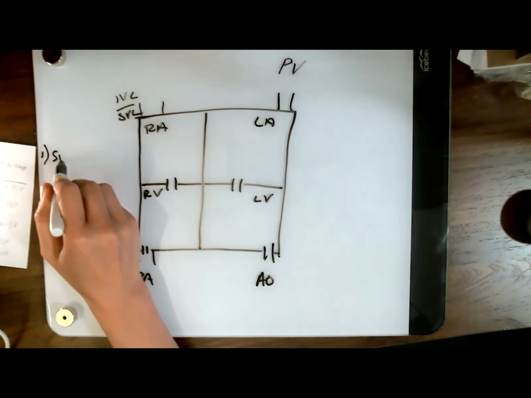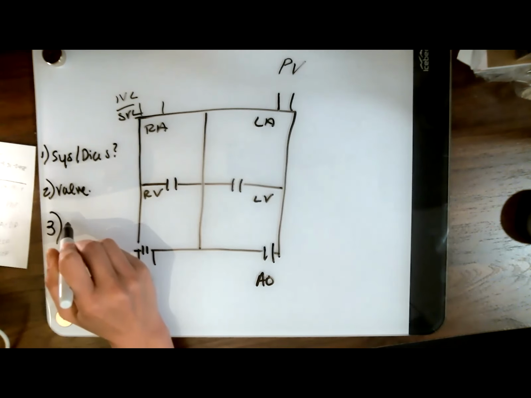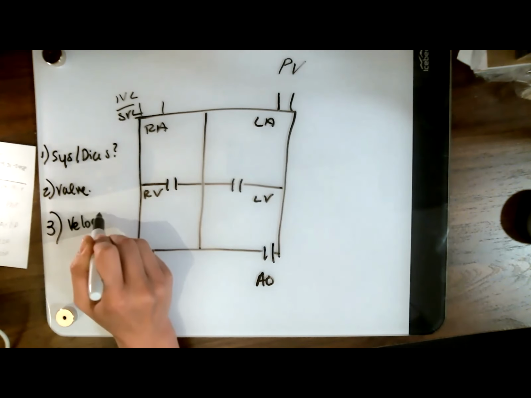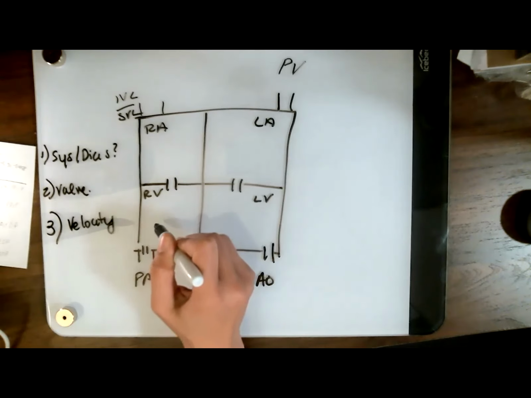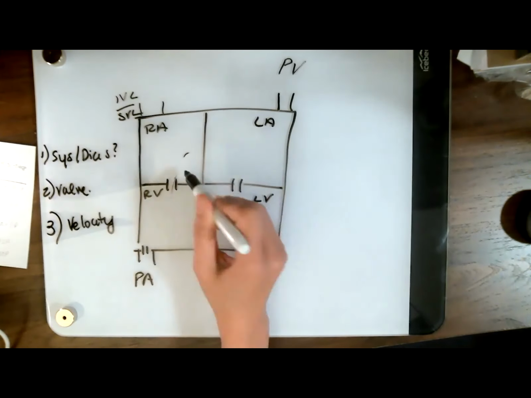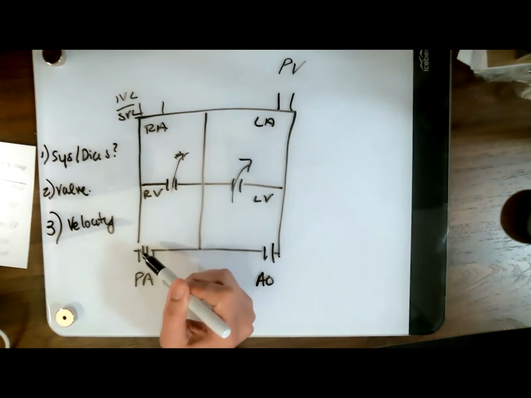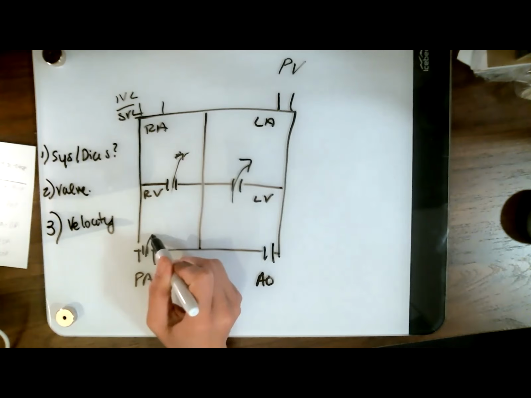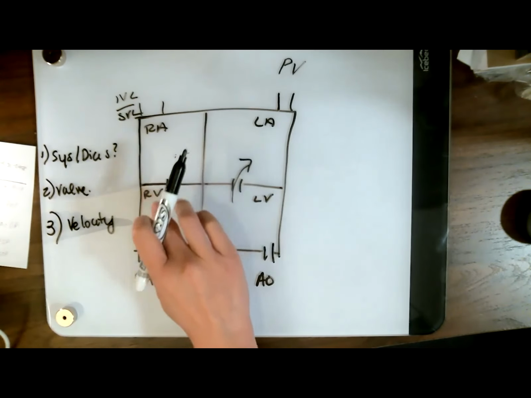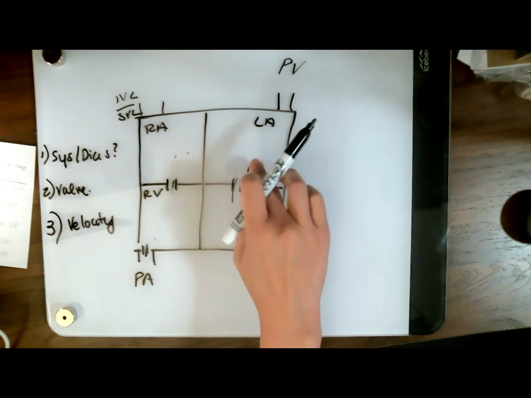Which valves are open: aortic and pulmonic valves, or tricuspid and mitral valves? What's open? Where's the flow? And then number 3, where are the velocities coming from? Which direction is the velocity? Is it TR, where it's going this way? Is it MR, where it's going this way? Is it pulmonary regurgitation, where it's going this way? You have to figure that out and draw your pictures accordingly.